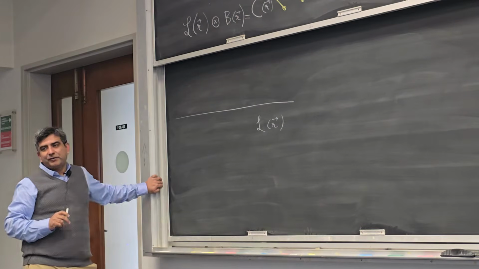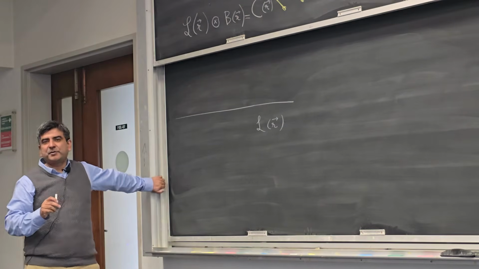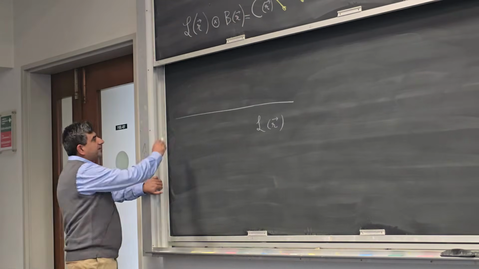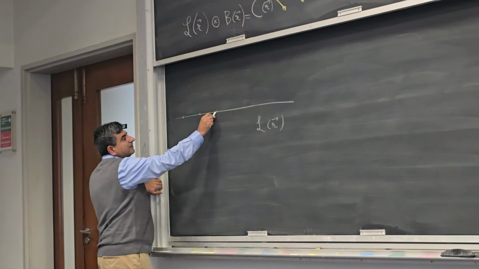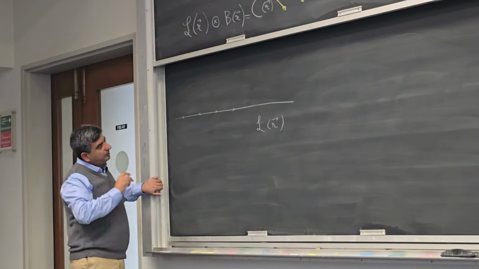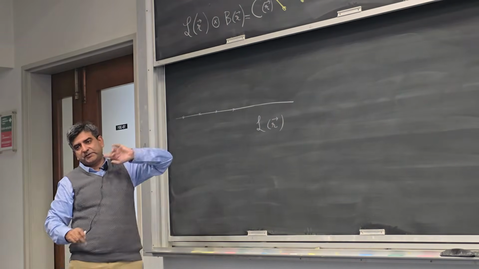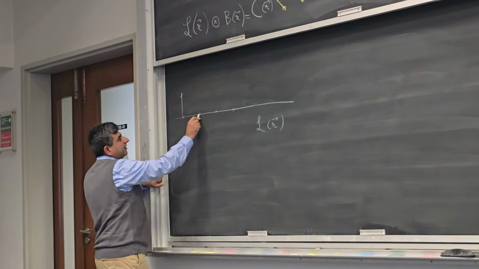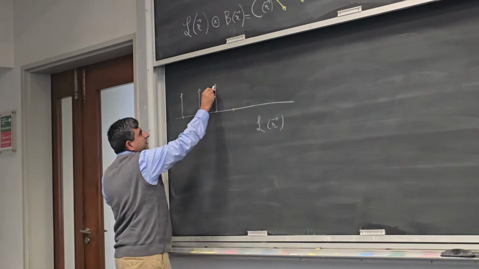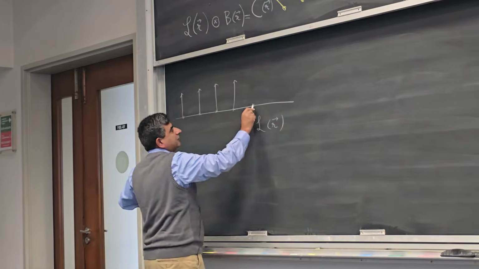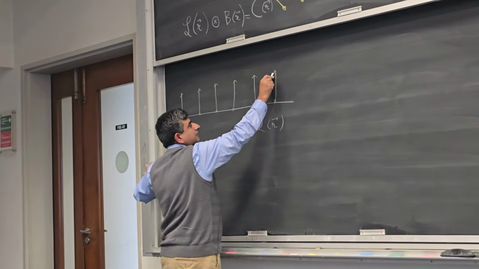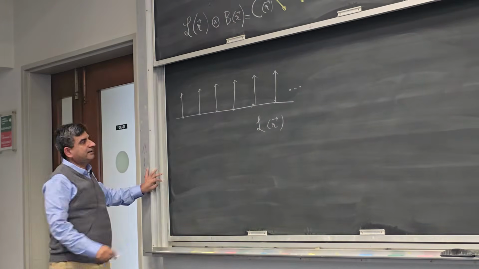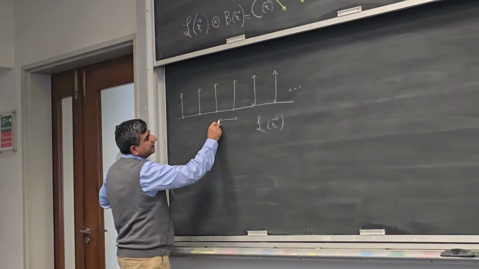There's only one kind of one-dimensional lattice. Since it has to be repetitive, you have a point at regularly spaced intervals. So you have a Dirac delta function here, another Dirac delta function here, and so on. This is our only example of a one-dimensional lattice, and this spacing, let's call it small a.